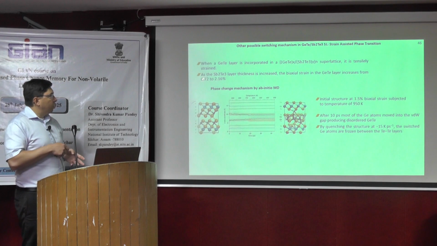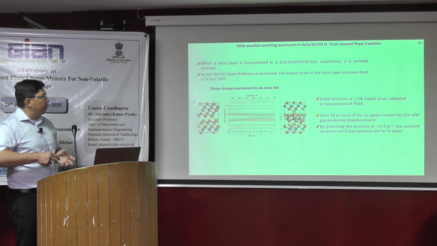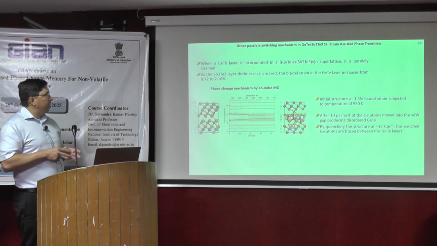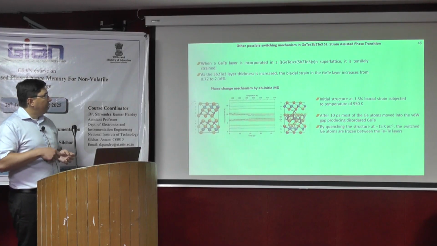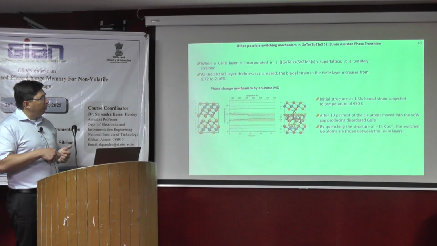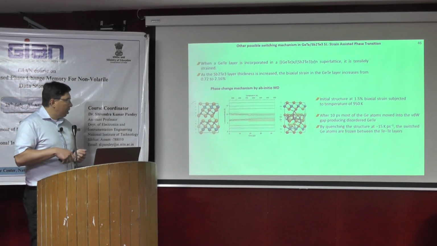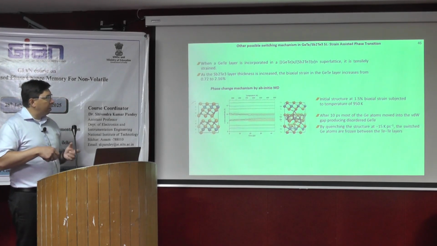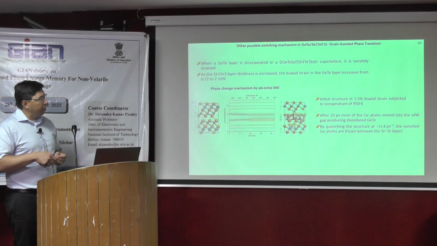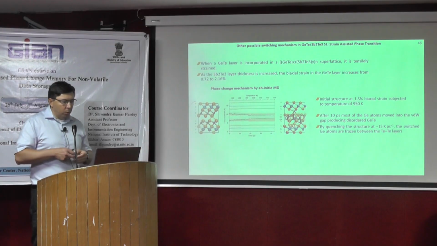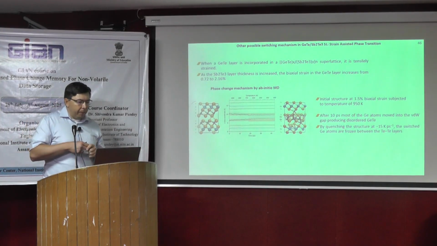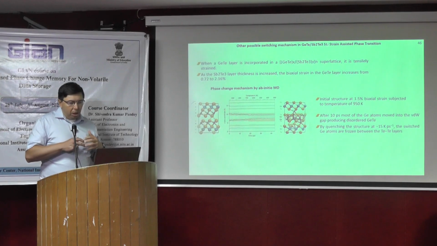It was also shown experimentally that such superlattices are strained, and if we make initial molecular dynamics simulations, such strained units can be amorphized in the computer. So this is also a new idea of how this switching can be going on.